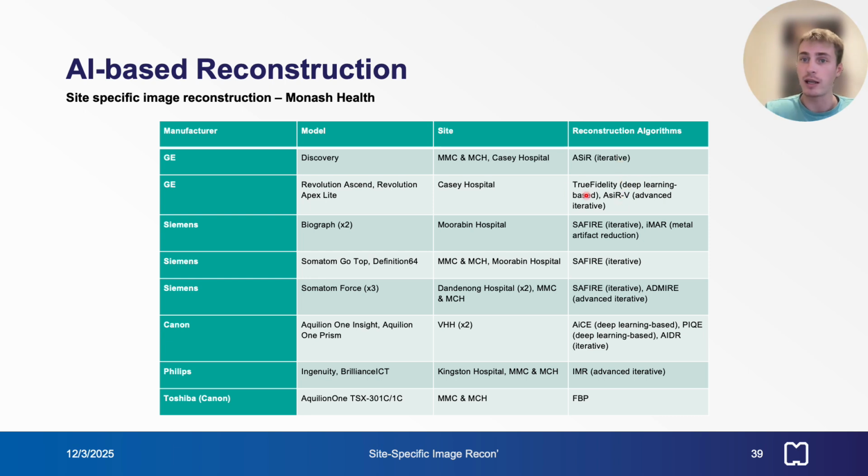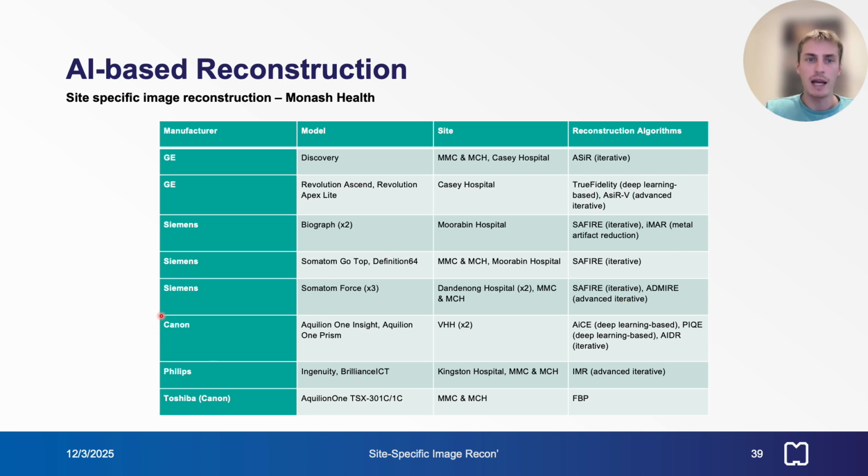Some have deep learning-based reconstructions, as well as advanced iterative reconstructions. We also have a range of scanners from Siemens at a range of different sites that have iterative reconstructions. Some have metal artifact reduction specific algorithms, as well as advanced iterative.